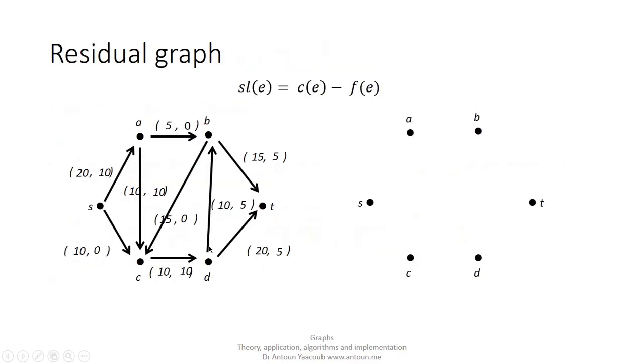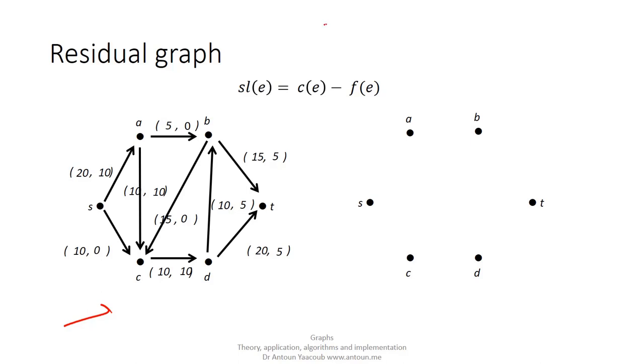Let us first just talk about the residual graph, even if the algorithm will run more easily. Let's say that we want to find the residual graph of this network. This network contains the capacities and the flows, and we need to find how to calculate the residual graph.